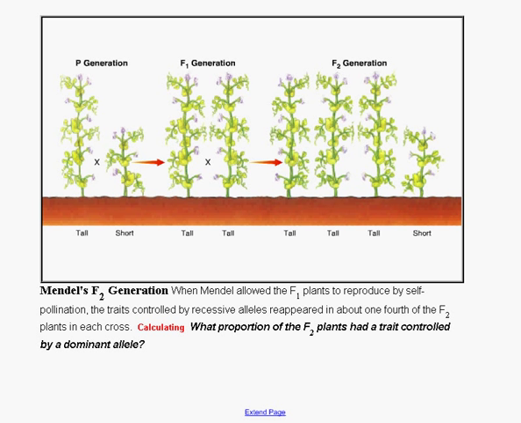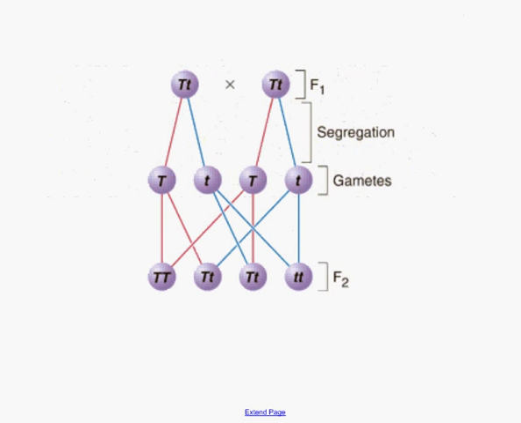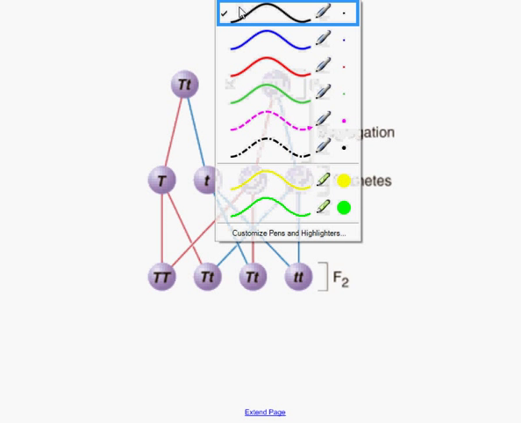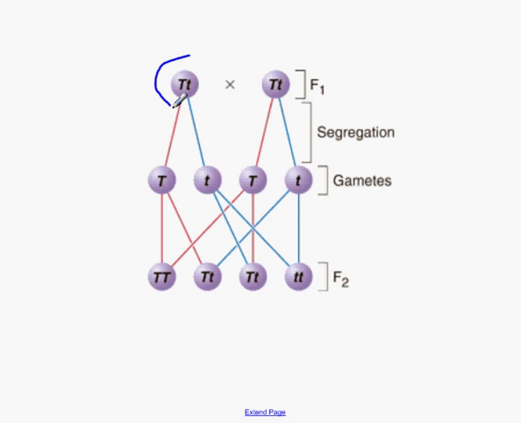The reason is that that F1 generation must have been heterozygotes. That is a mix of a dominant and a recessive allele. This is basically what goes on here. He started out with 2 plants in the F1 generation, right? And the F1 generation, here we go, were both heterozygotes. They have the 2 alleles there, right?